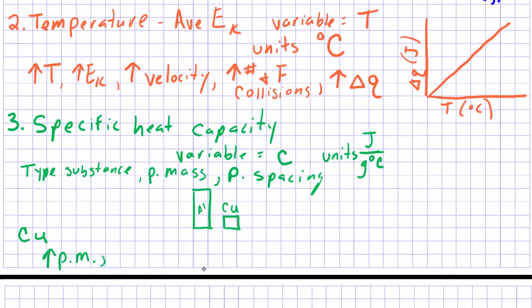And remember what we said, the impact of particle mass being higher on our velocity. Higher particle mass, lower velocity. Once again, it's almost like we were trying to prepare you for something. And so since it has a lower velocity, that means we have a lower number and force of collisions.